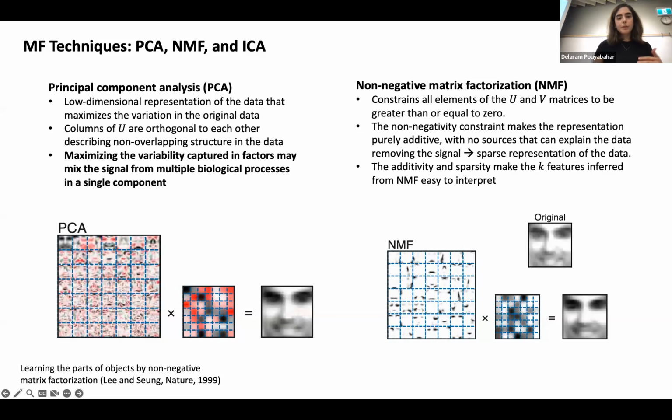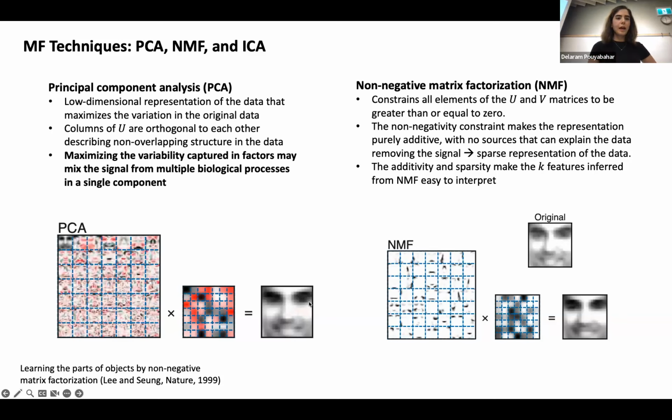It's usually easier to interpret, and the non-negativity constraint is usually true for biological data. This sparse and interpretable set of learned factors has made it super popular in the field of genomics. What I'm showing you here in these pictures is from the original NMF paper.